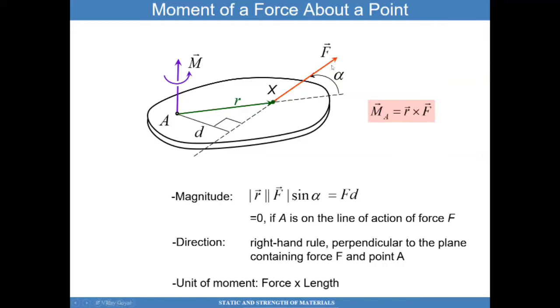If I take the magnitude of force F times d, this distance, that'll give you the magnitude of the moment. But I can also determine that by taking the magnitude of R, the magnitude of F, and multiplying by the sine of alpha, this angle here between R and F, and that will also give me the magnitude of the moment.